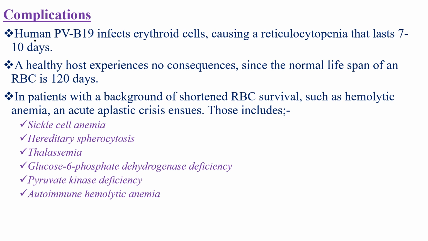This includes sickle cell anemia, hereditary spherocytosis, thalassemia, G6PD deficiency, pyruvate kinase deficiency, and autoimmune hemolytic anemia. Those people suffer from aplastic crisis due to Parvovirus B19 infection of erythroid cells, which causes reticulocytopenia.